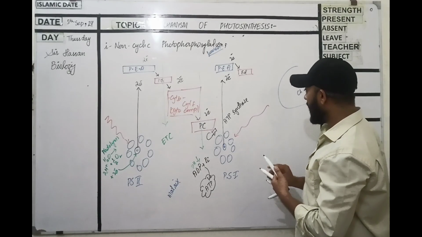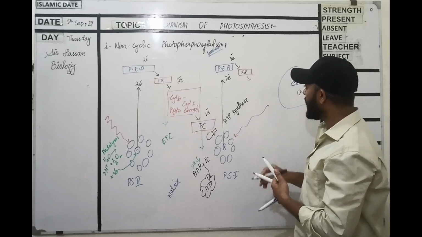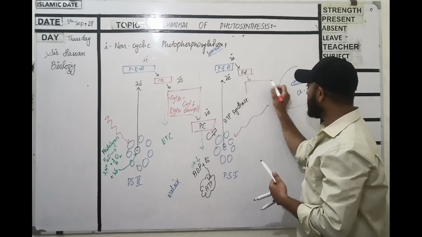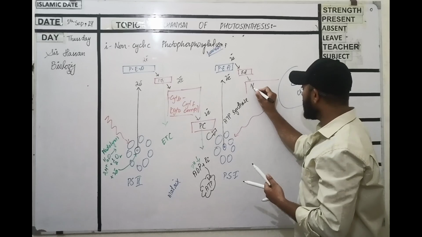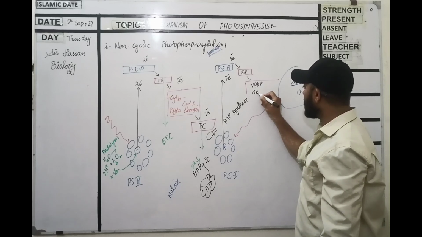Then there is an enzyme next to this ferredoxin which is known as NADP reductase.